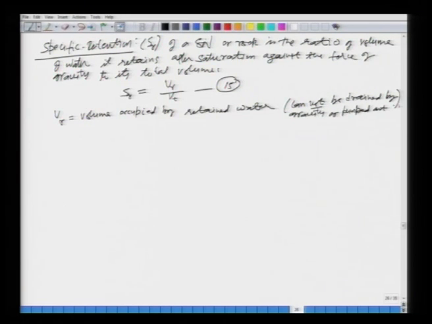When we pump out, we cannot pump out the retained water. And V T, of course, we had defined earlier, is the total or the bulk volume of the soil.